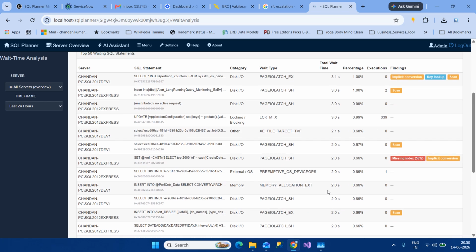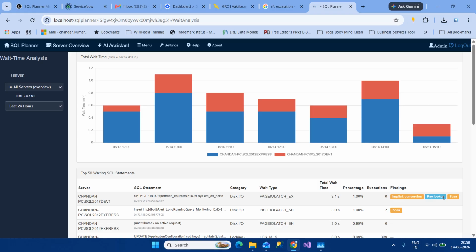And if we go to another page, we can see some queries also have a recommendation about a missing index. Some have key lookups. So DBAs and developers get very nice insight about these findings, and they can take a further step to tune it.